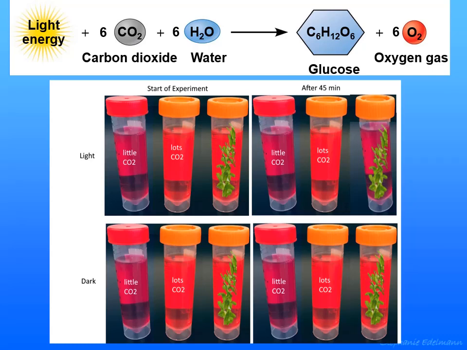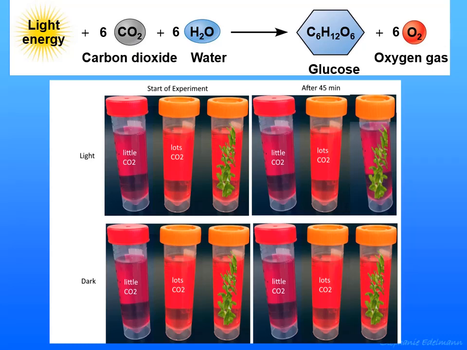So look at the start of the experiment. The red tube has very little CO2 in it because you added CO2 by bubbling it into the orange tubes. So the orange tubes have more CO2 in them. So that was the startup in both the light and the dark reaction.